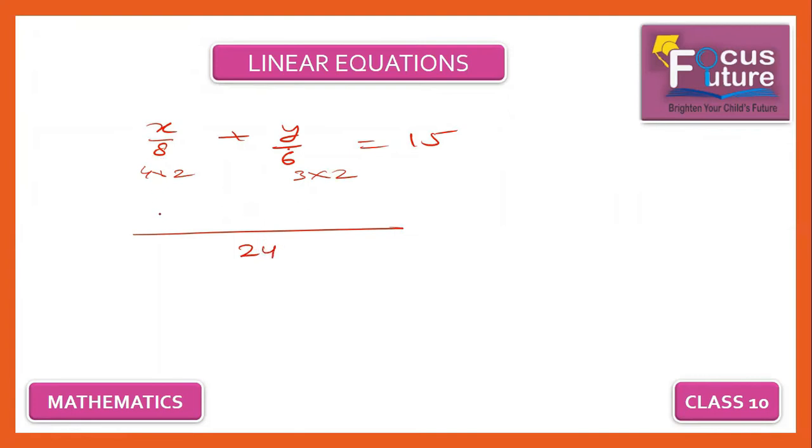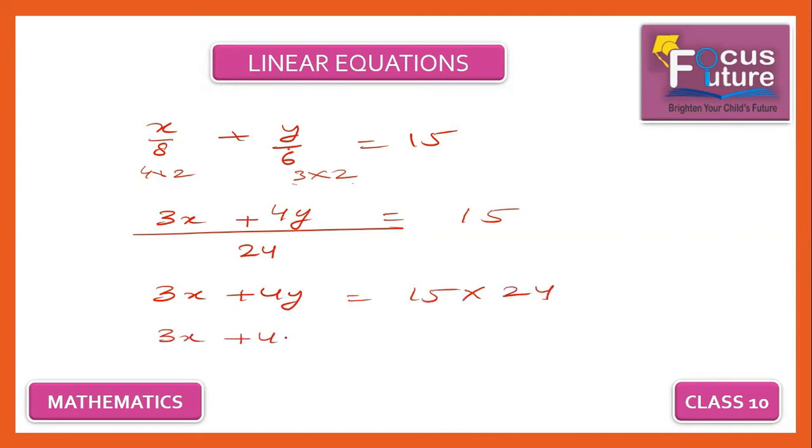So this would be multiplied by 3: 3x plus, and 6, this would be multiplied by 4. So 3x plus 4y is equal to 15 into 24, that is 360. So this is your second equation.